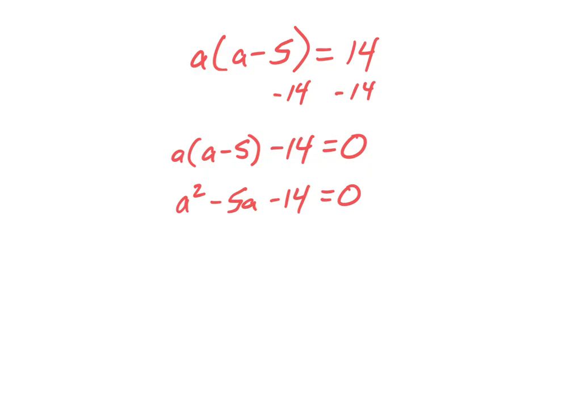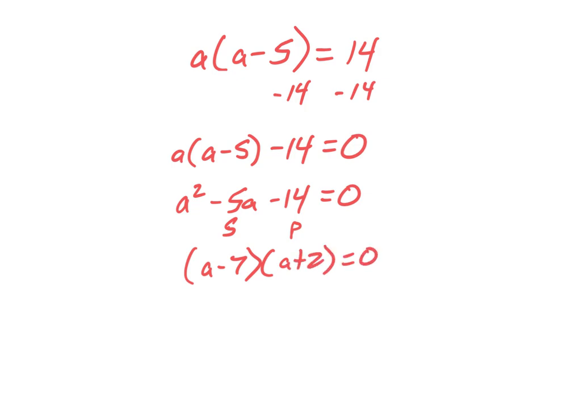Next up would be product and sum. Can I do product and sum here? Is there something that multiplies to get negative 14 that adds to get negative 5? Okay, 7 and 2, and then we got to make sure we know what signs go where. Negative 7, positive 2.